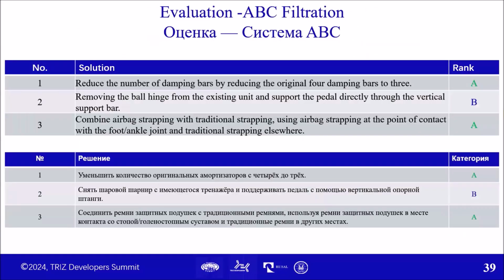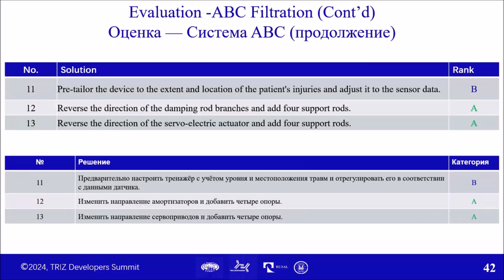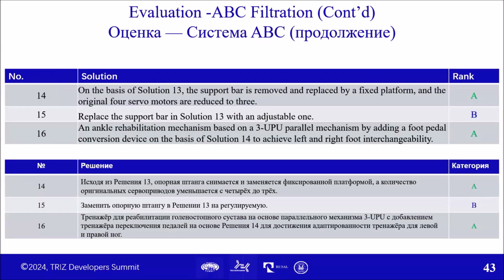We ended up with a total of 34 solutions, not all of which had enough value. So we first evaluated all of them using ABC filtration to select the 10 most valuable of them.